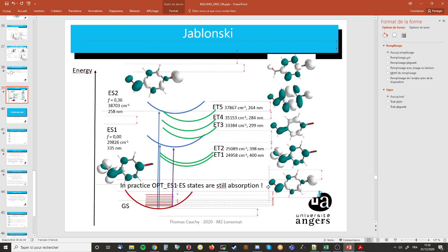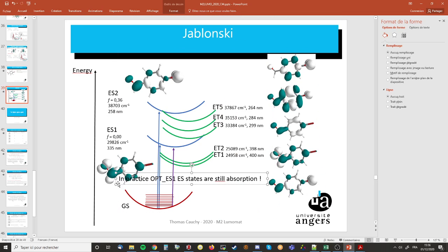There is still absorption. That means that it's not doing an emission calculation. It is doing a calculation of a new absorption where the ES1 is at the lowest energy.